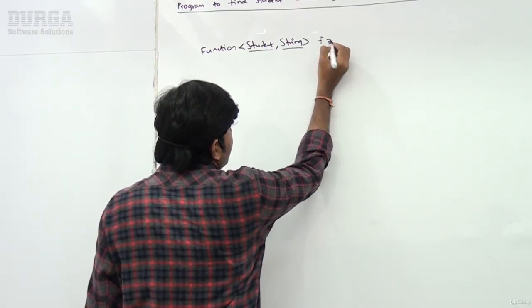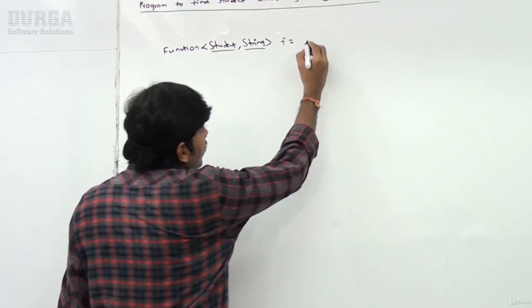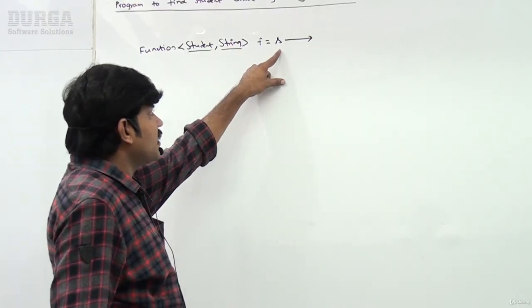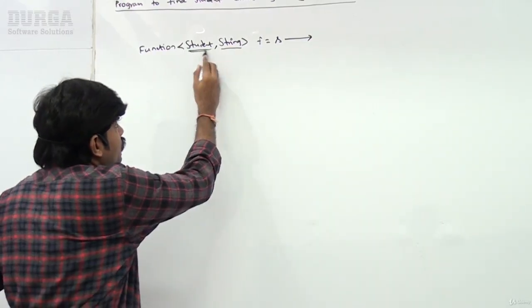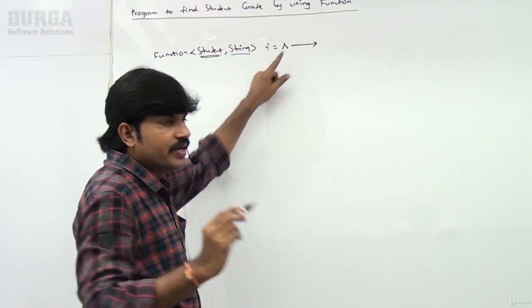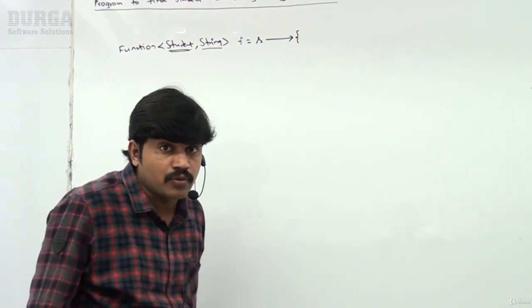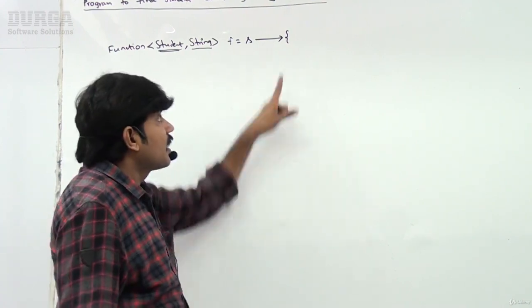F is equal to, if I provide s, what is s? Student type. s is the student object. Curly brace open, because I have to write big code. If it is only one line, the curly brace is not required.